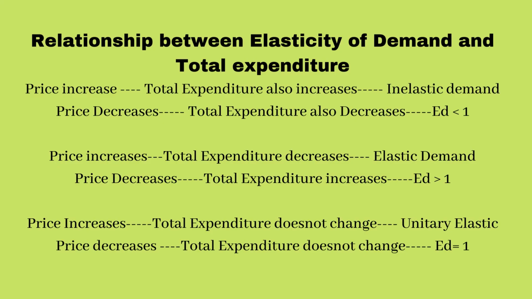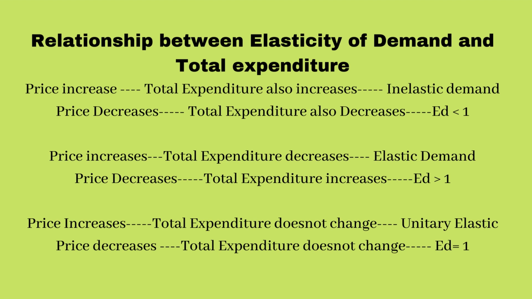So the relationship between elasticity of demand and total expenditure: when the price increases, if the total expenditure also increases, then it is inelastic. That means the elasticity is less than 1.